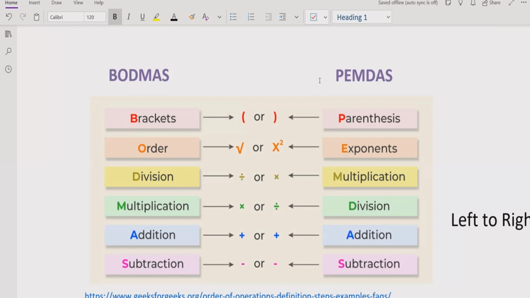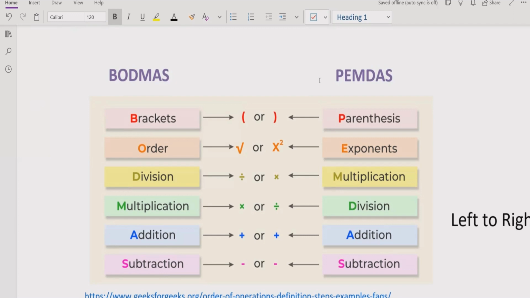After that, you have to find the power of any number. If any number in your expression has a power, you have to solve that part next. After that, you have to go left to right in your expression and find the division and multiplication. Basically, division and multiplication have the same precedence here, so you have to see which operation is coming first in your expression.